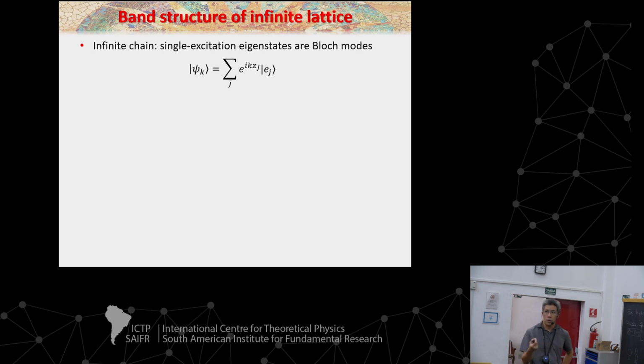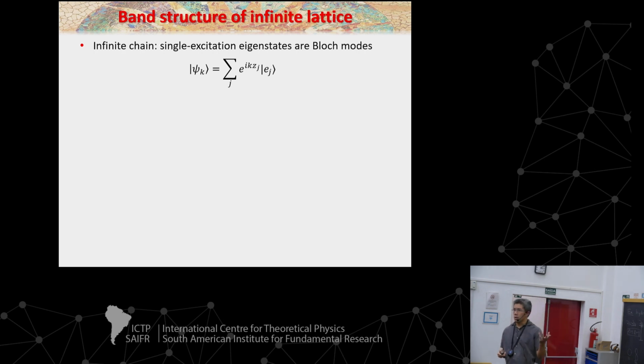Because we have a periodic system and single excitation physics, we know that all of our eigenstates have to obey Bloch's theorem, okay? Which means that any eigenstate I can index with a Bloch wave vector k, and the form of that eigenstate has to look like the following. It's a superposition where atom j is in the excited state and all the other atoms are in the ground state, with a relative phase e to the i k z_j, right?